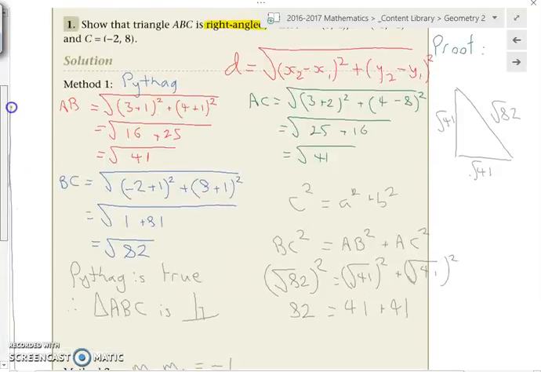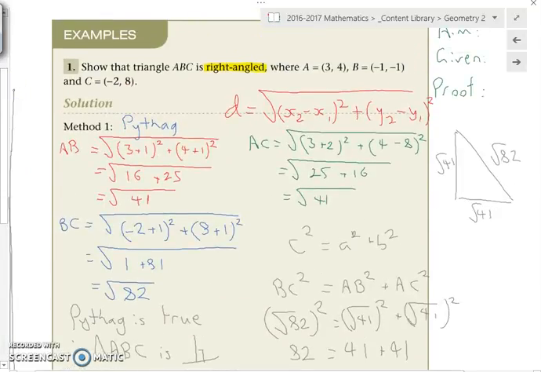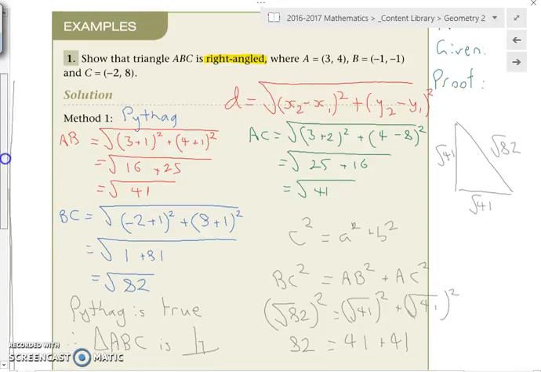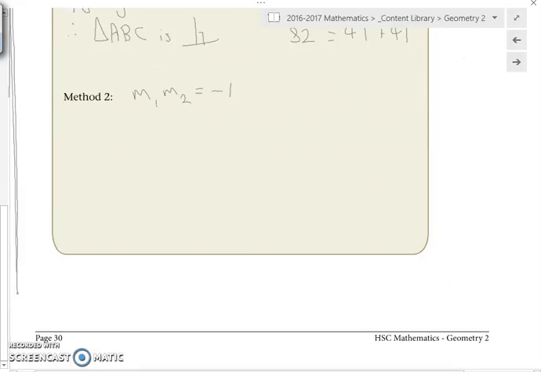The actual wording of the question says show that the triangle ABC is right angled, so I would automatically think of Pythagoras. But if it said show that these are perpendicular, I would automatically think of the gradient. It depends on how the question's worded, but both of those questions would be exactly the same thing. Cool?